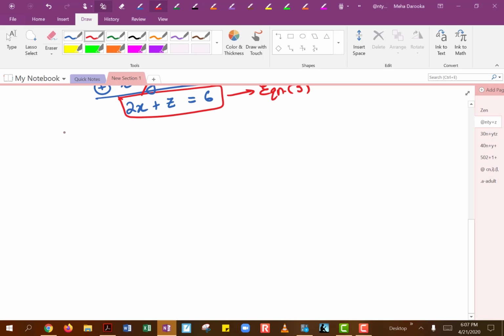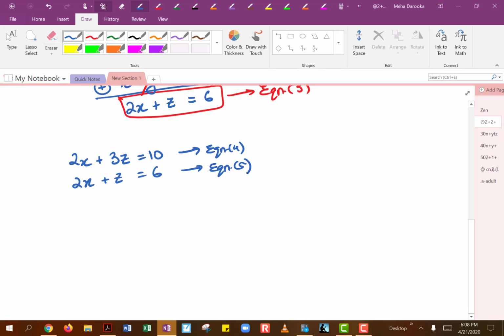I'm going to take 2x plus 3z equals 10, which was equation 4, and 2x plus z equals 6, which was equation 5. Now we need to solve this system just like you did in section 5.1 and find the x and the z values.